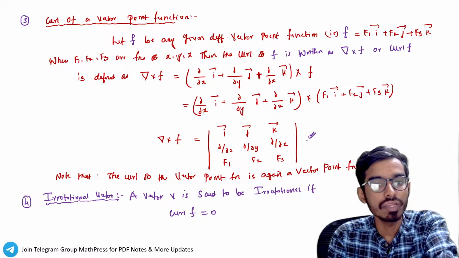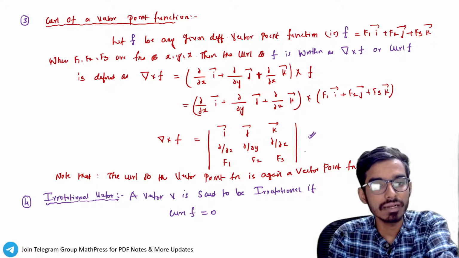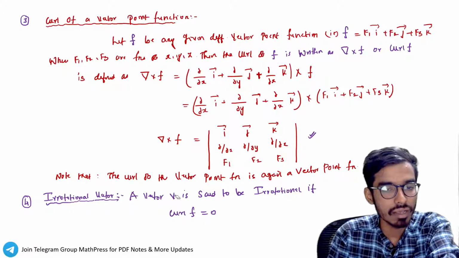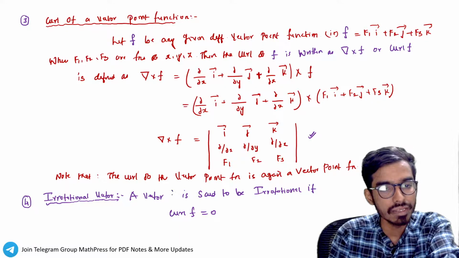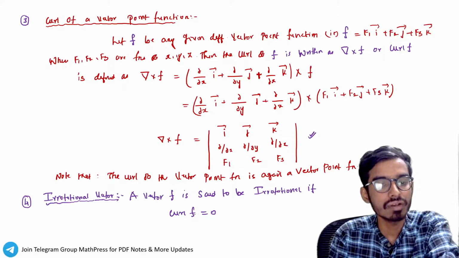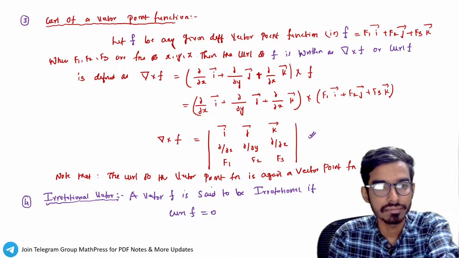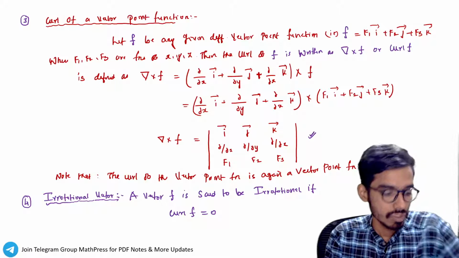Expand this, you will get a vector point function that is called curl. If this is equal to 0, then that v is called an irrotational vector. A vector f is said to be irrotational if curl of f is 0, right? So we'll do some problems now.